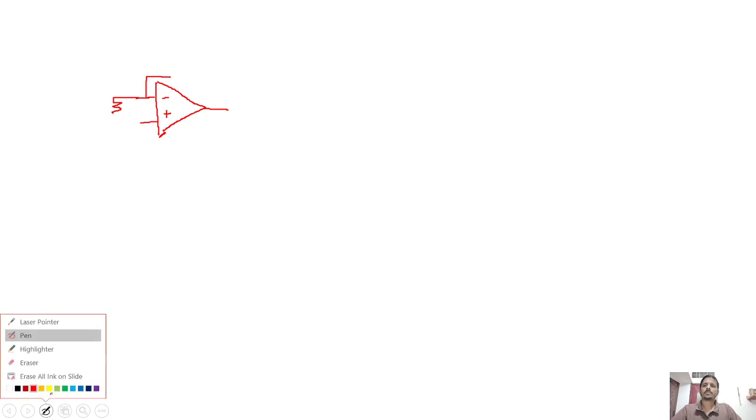So you want to connect positive feedback. I connected like this, right? Yes. And the resistor is connected at this positive terminal and is grounded. Now at the negative terminal, a resistor is connected between the negative and the output terminal.